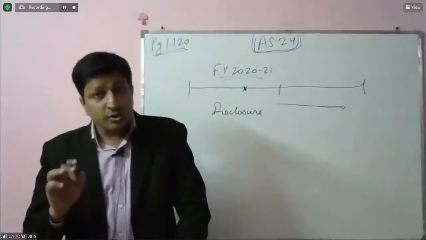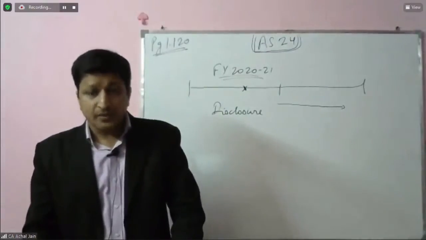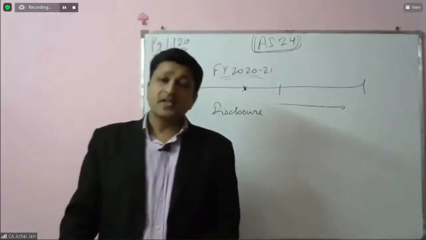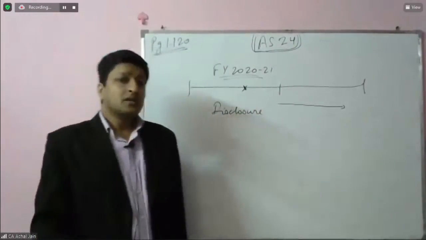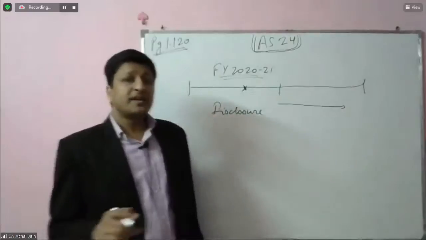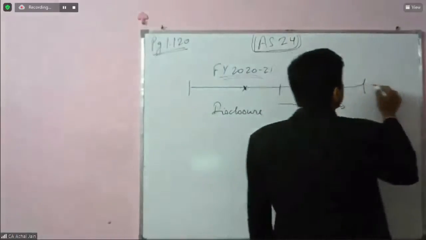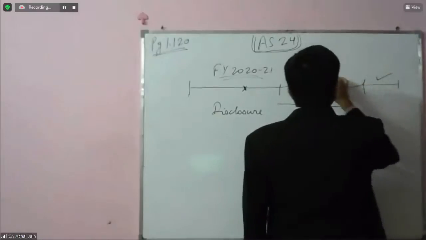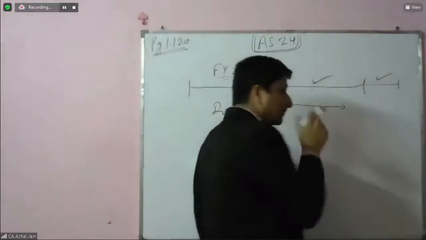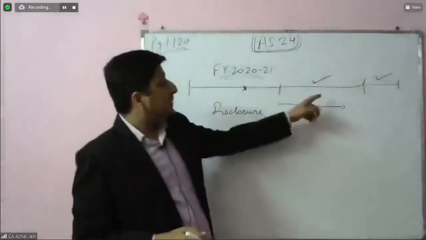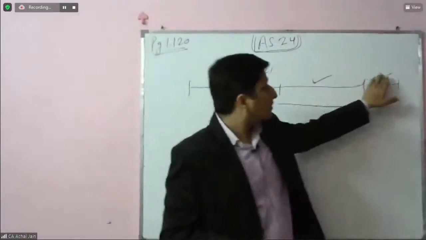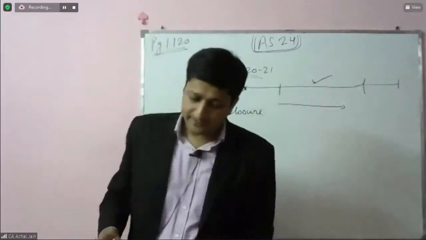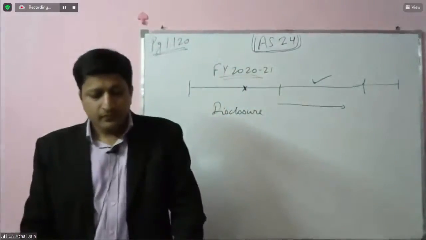The disclosure should continue in the financial statements for the period up to and including the period in which discontinuance is completed. So let's suppose this has not been completed in the next year. So this will continue in this year and will also be given in this year. But if the event gets completed in this year, then this will not go on to the next year. It will also be given in the next year, and that's it.